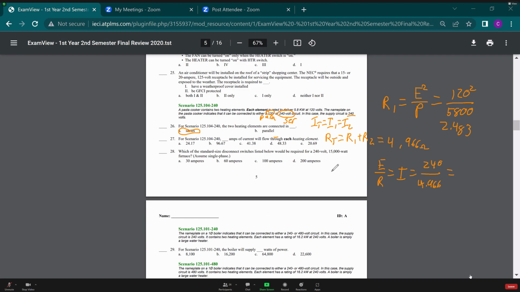I got 48.329. So 48.33 amps is going to be our answer.